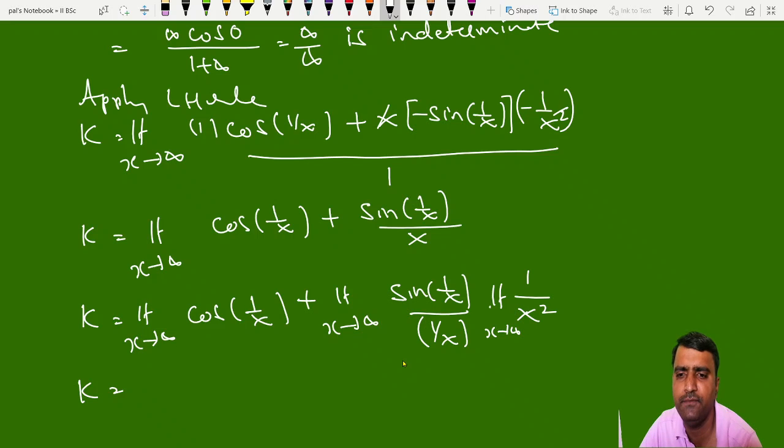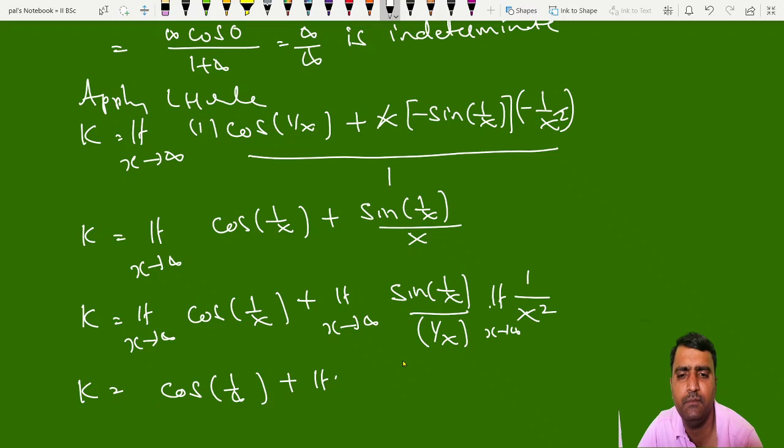cos of 1 by infinity. Its limit is cos of 1 by infinity plus limit, when x tends to infinity, then 1 by x tends to 0.